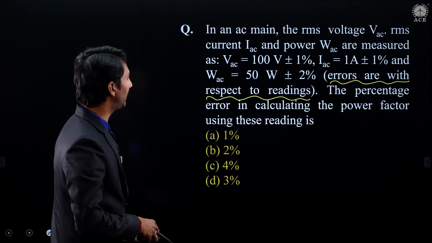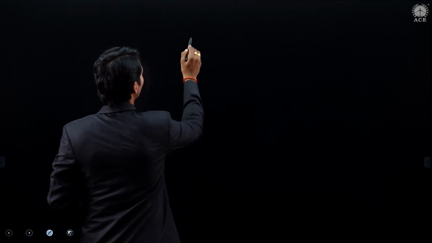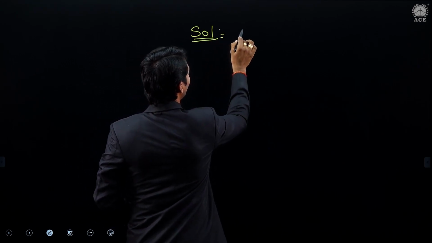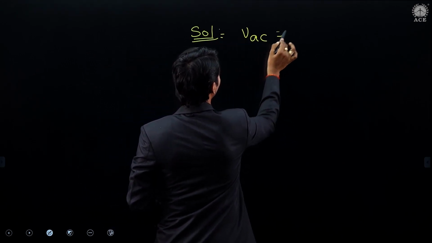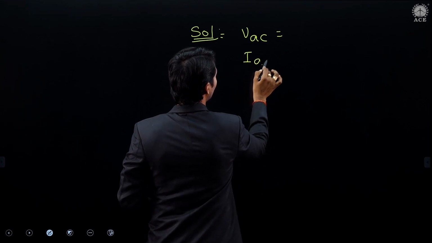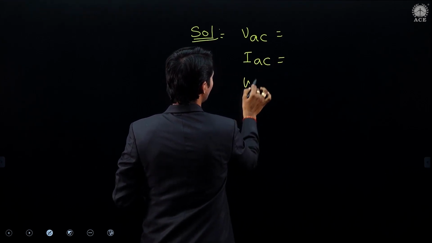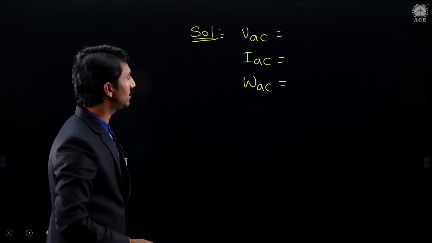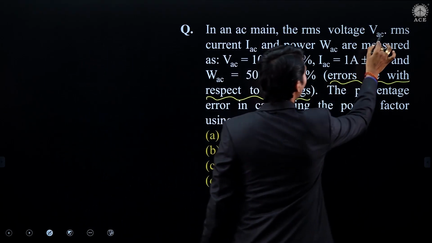Now let us write the given data. VAC, IAC, WAC. What is VAC given?